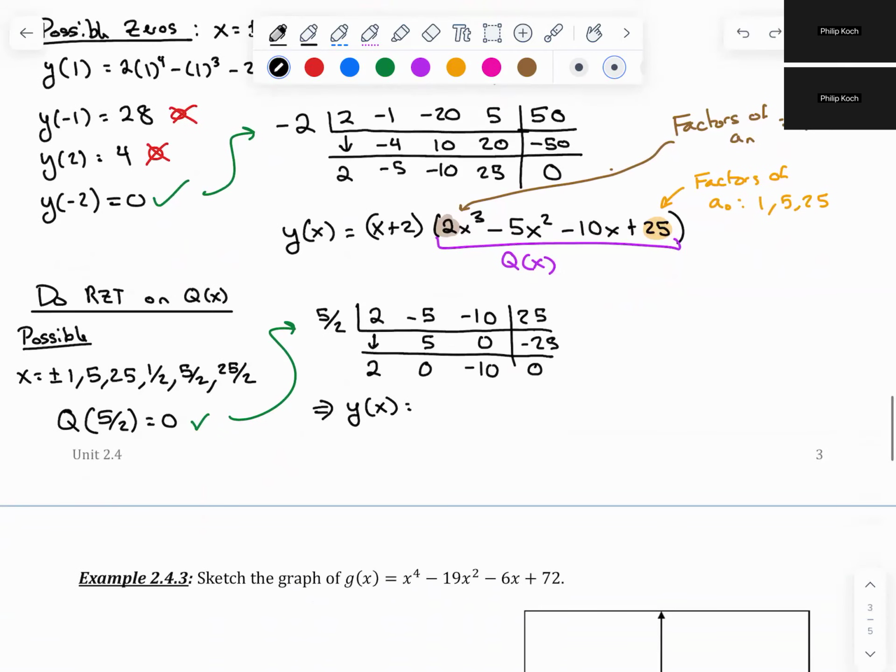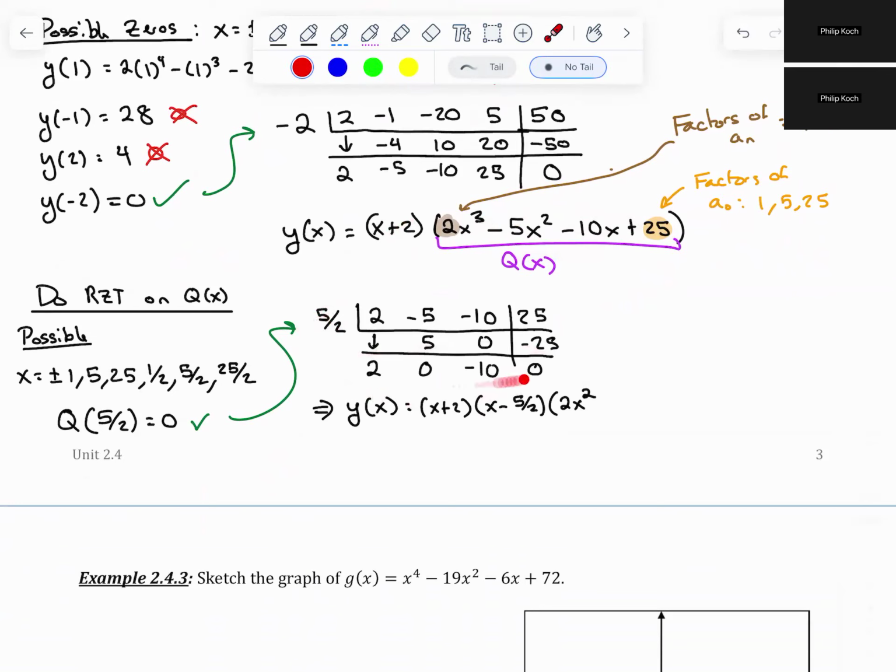So it's going to be x plus 2 times x minus 5 halves times 2x squared, right? Q of x is a cubic. We're dividing by a linear term, a degree 1 term, so our result should be a quadratic. 2x squared plus 0x, so I just won't write that, minus 10.